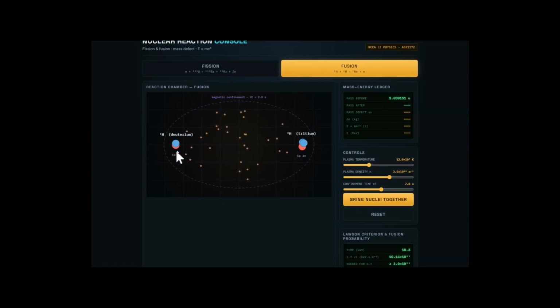All right, so here, let's pretend that we can just look at two of these nuclei separately. These are separate ones here. We have deuterium, which is hydrogen 2, so it's going to have 1 proton, 1 neutron, and we can see that there.